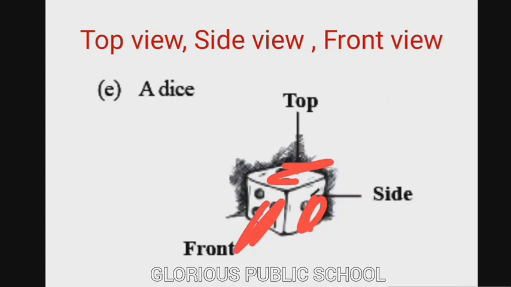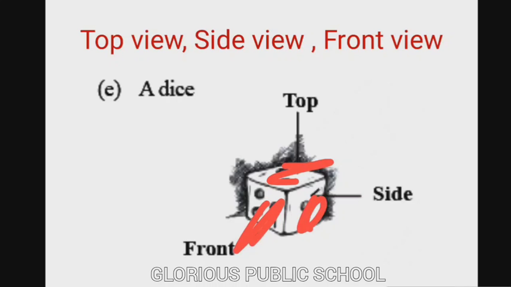Now can you tell me whether any two or three views of the dice are the same or not? Here the answer is no, because all sides of the dice have a different number of dots. One side 1, another side 3, 4, 5, 6, 2, etc.